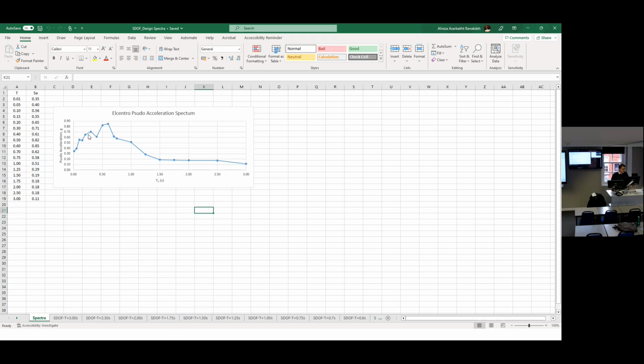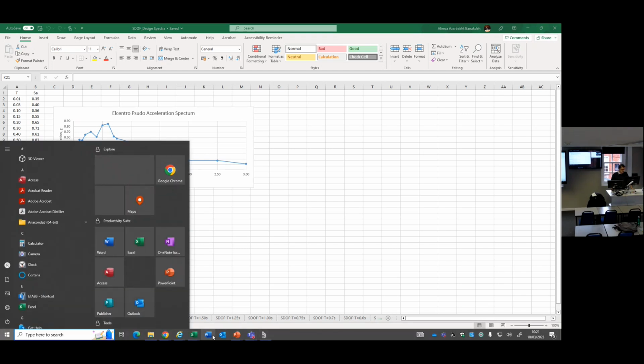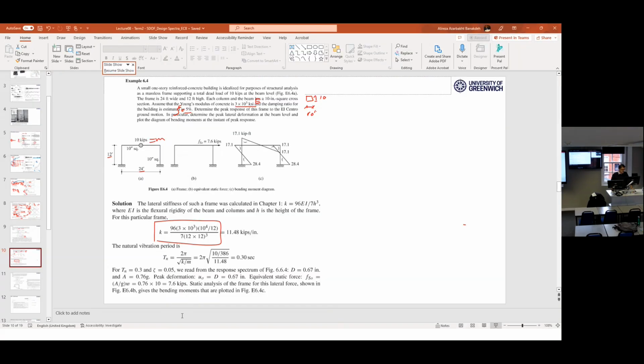You will read something like 0.60 something. Let's see what the book has put there. It's 0.76. The book has read this number from itself. Okay?